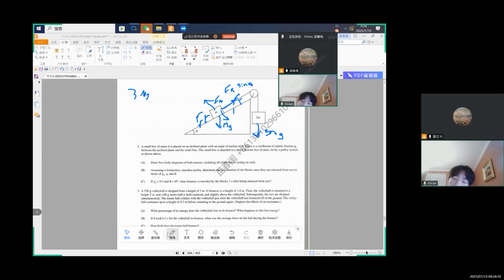Try to remember the formula. The formula that we have for gravity: one is for this, mg sine theta. And this one, the component of gravity perpendicular to the slope, is mg cos theta.